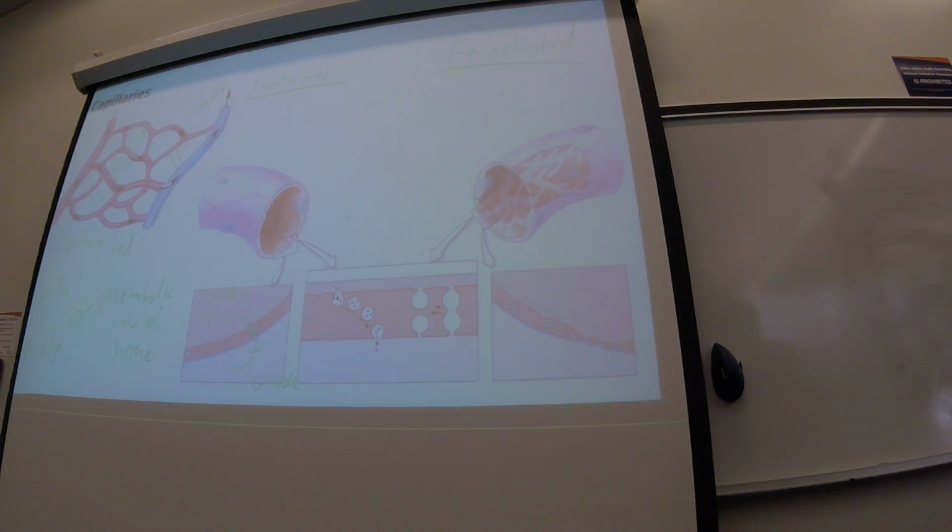Fenestrated capillaries are the same, but these just have larger openings. And generally you find fenestrated capillaries at the kidneys and the small intestines, places where you're going to have a large amount of transport.